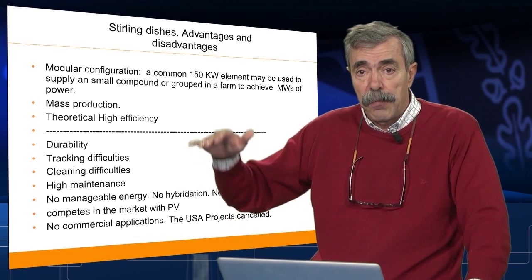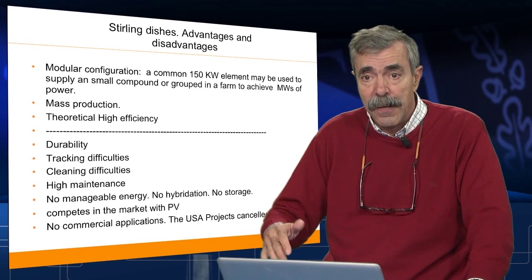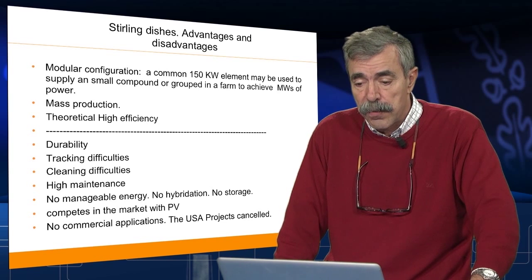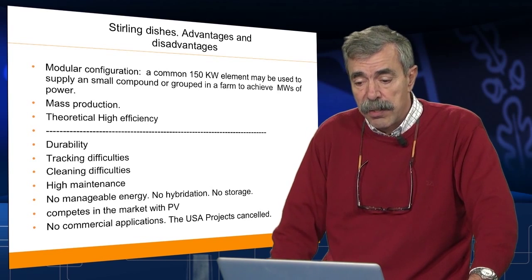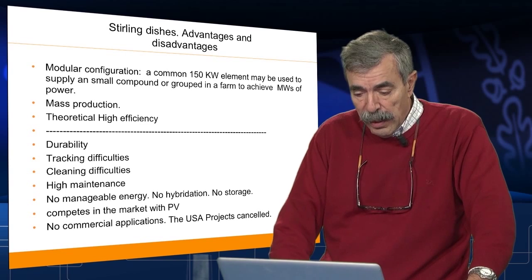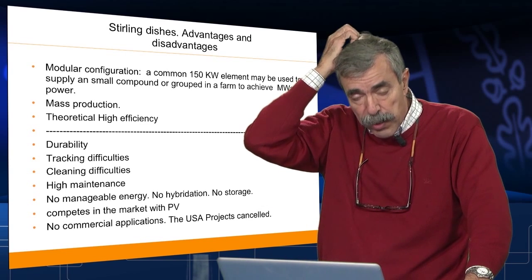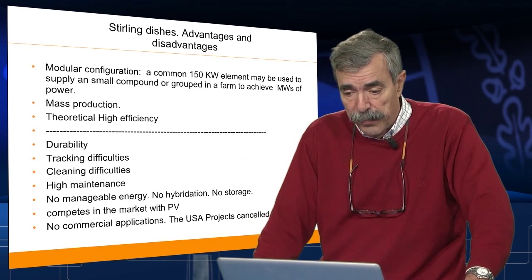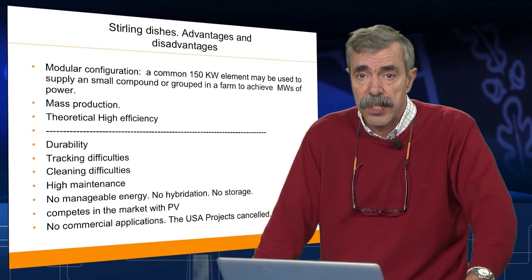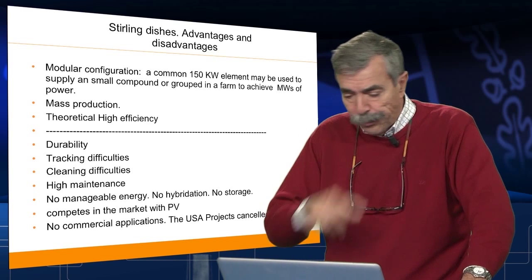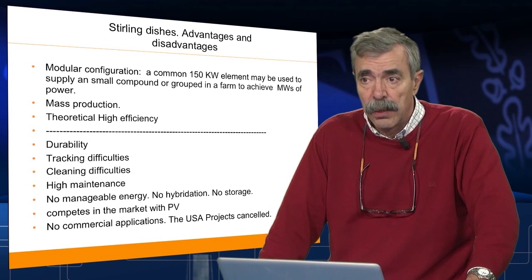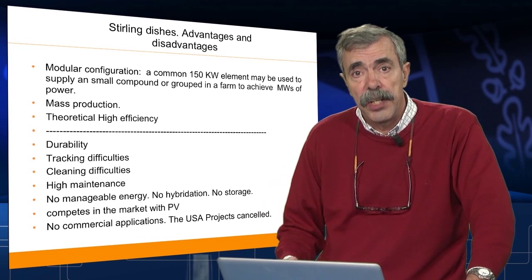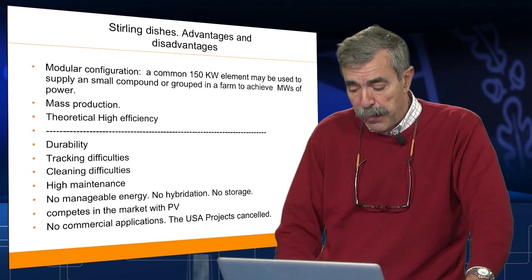And since the PV panel price has dropped so dramatically, really today there are no commercial applications involving Stirling dishes. In the past, there were some projects in the USA to install hundreds of those dishes in the desert. All those projects were cancelled, and in fact the projects were converted. Instead of using Stirling dishes, now they are using PV panels.